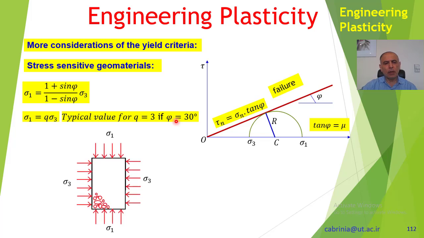Now if you consider a volume like this, this volume includes these grains or granular particles. These granular particles are confined by these stresses, sigma 1 from here, sigma 3 from here. I have just shown a part of these granular particles.